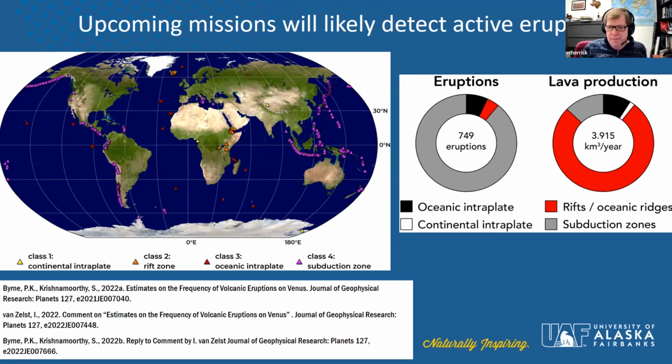So I think it's reasonable to say that we will definitely see some eruptions during the upcoming missions, so there's going to be stuff to see. All right, next slide, please.